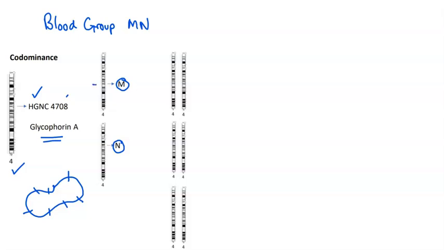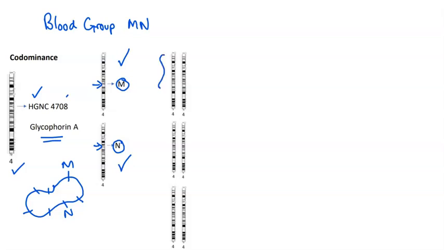So at the same gene loci, here and here, we have two versions of the gene. One version, one allele, is called the M gene, and the second one is called the N gene. So these will ultimately be attaching M's and N's to the cell, depending upon the actual full genotype of the individual. So let's look at those individuals.